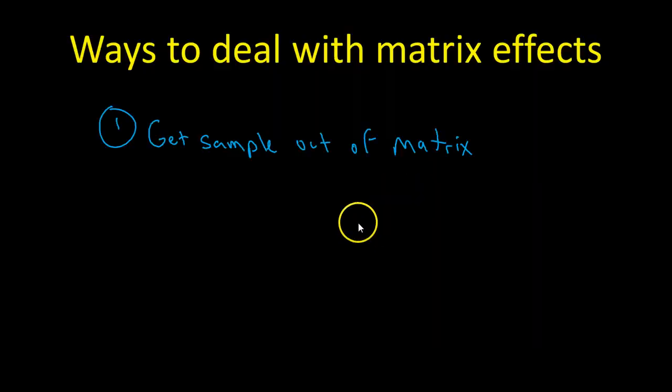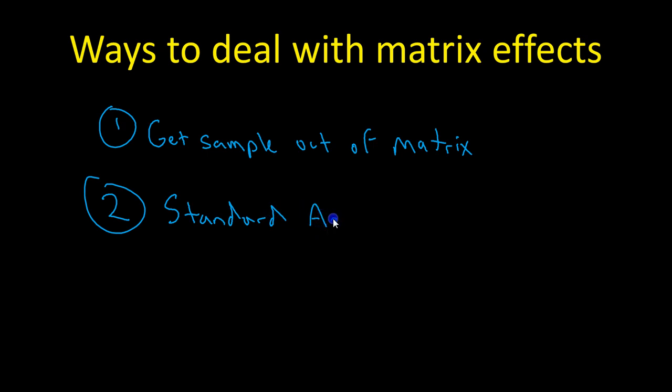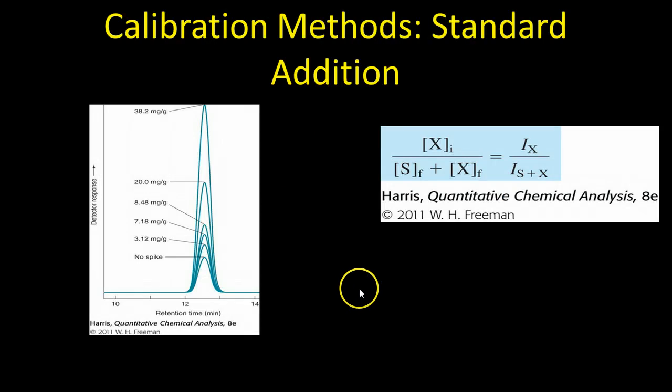So the second method that we'll do is called standard addition. This is one of those processes that is used pretty widely in the lab, and you use this equation here to determine the concentration.